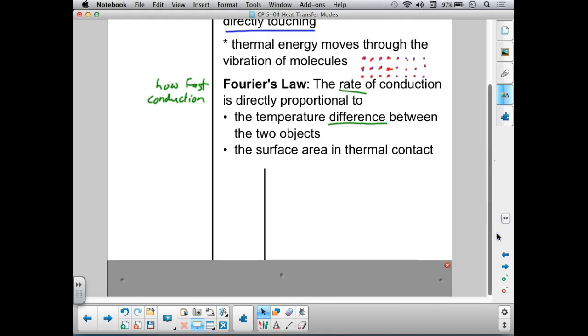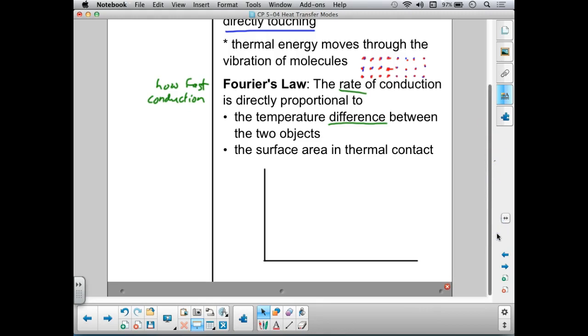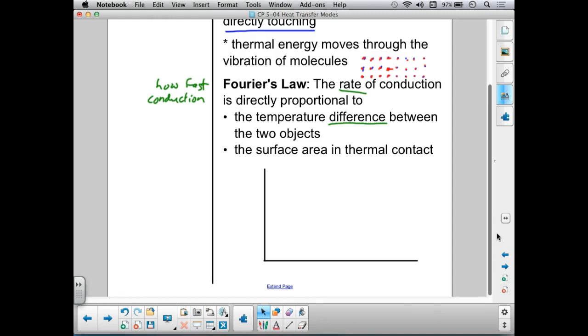We could see this on a graph of temperature of two objects. Let's make this temperature in degrees Celsius and time in seconds. If I take two objects and put them close to each other, we have seen the way they reach thermal equilibrium is that I can take a hot object and it's going to eventually come to some temperature and level off.